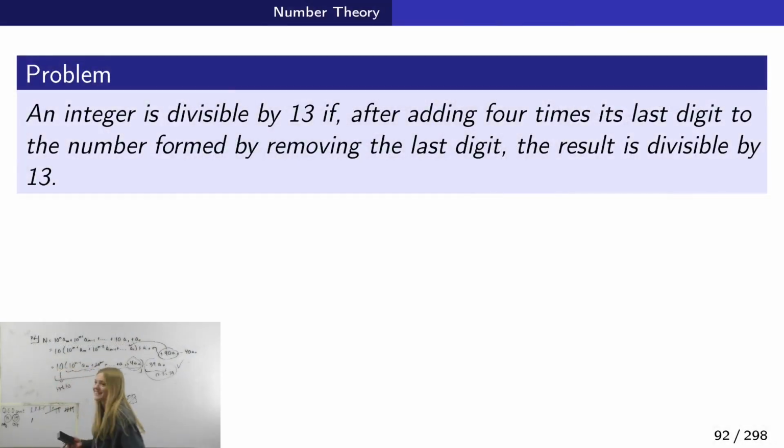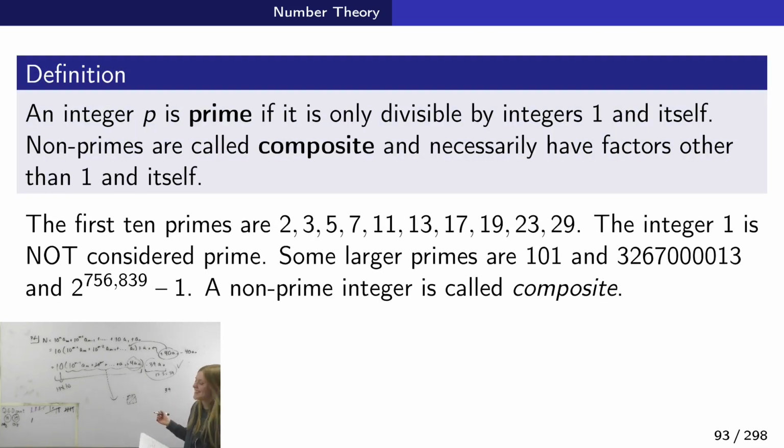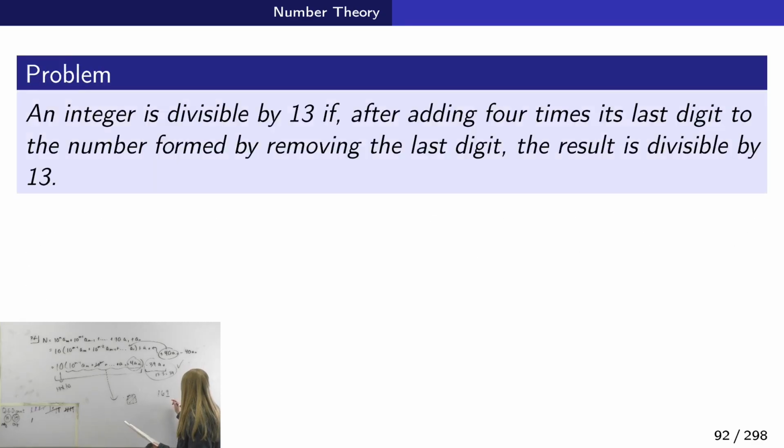How would you feel about an example? An example of this? Well, we got 39. Maybe that was a poor example. Maybe we need a bigger number. Does someone want to pull out a calculator and get a... All right. 169. And what does the theorem statement say? So we take 4 times this digit. 4 times 9 is equal to 36.